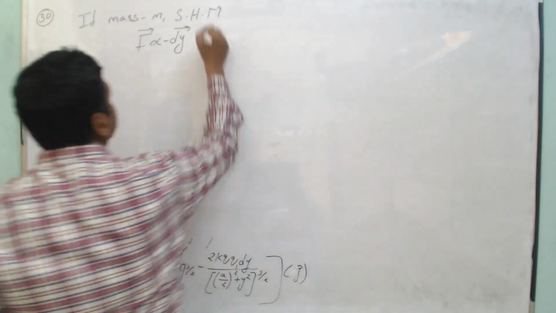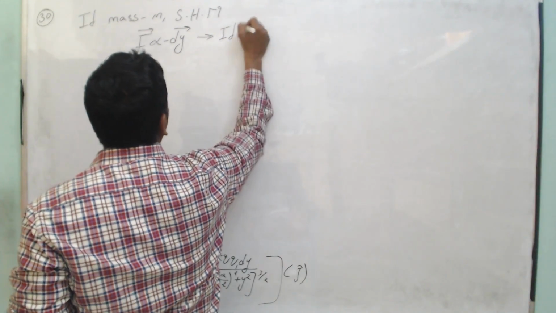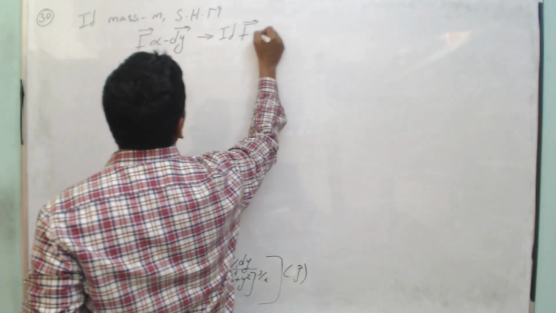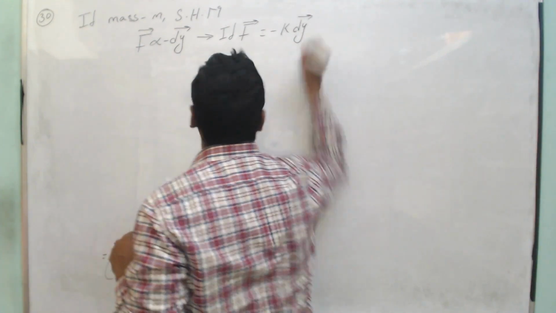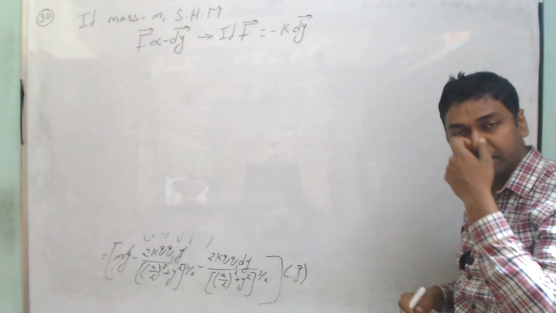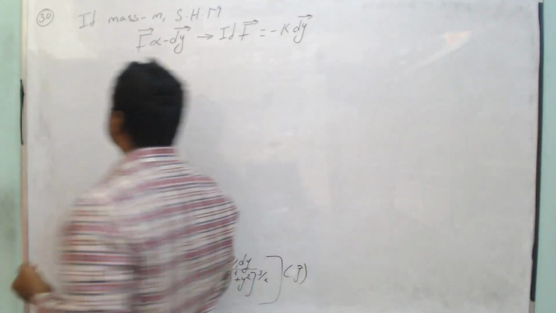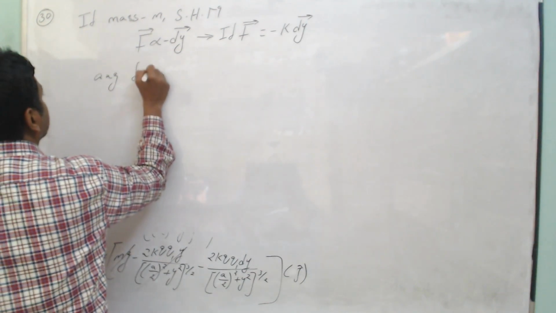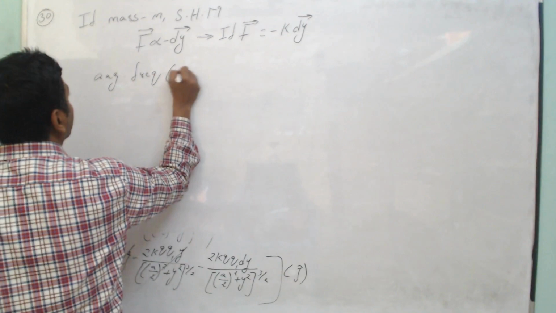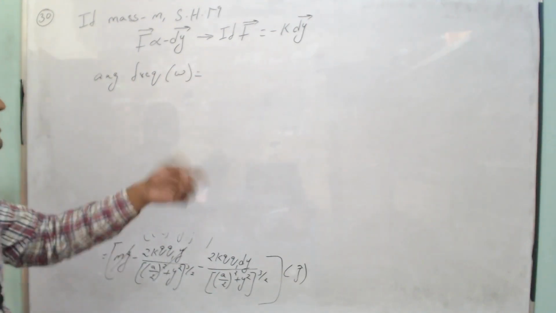If this F bar is equal to minus some constant times the dy vector, the displacement vector, we get something as angular frequency omega, or you can say frequency, but frequency comes out as different.